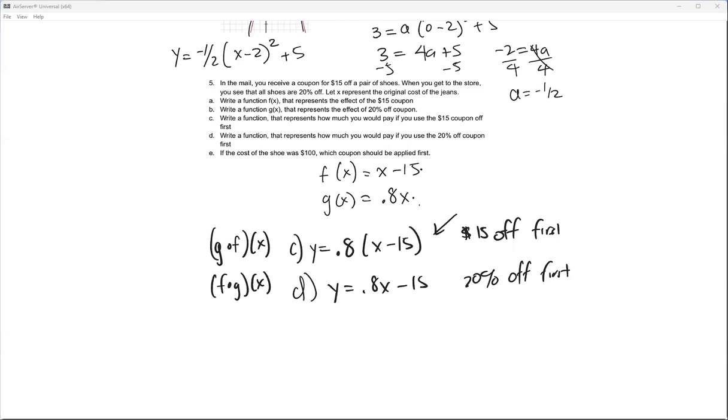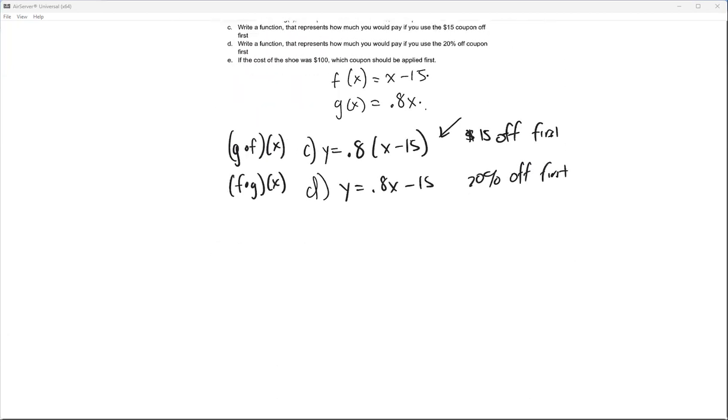Okay. And then E is if the shoe costs $100, which coupon should be applied first? So all I have to do is just plug in 100 to both and see which one's cheaper. So y is equal to 0.8 times 100 minus 15, and y is equal to 0.8 times 100 minus 15.